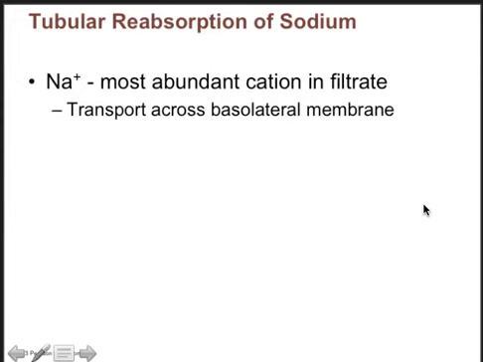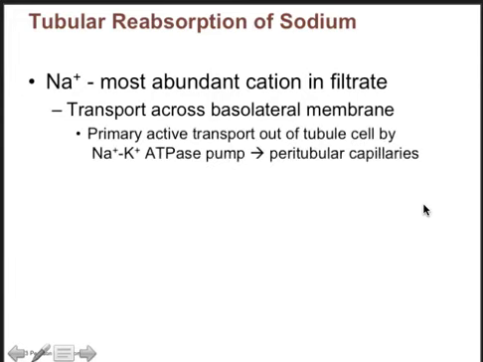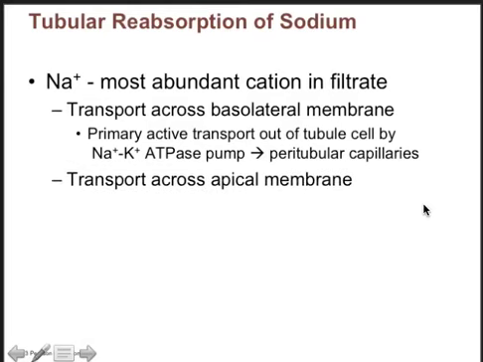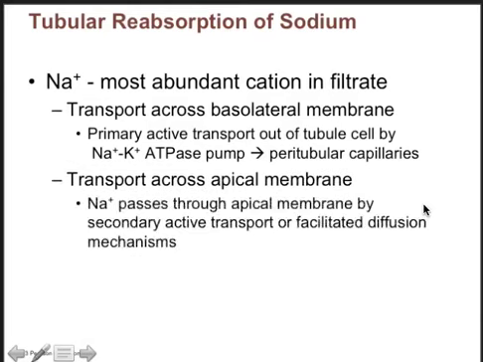It's transported across the basolateral membrane through a pump called the sodium-potassium ATPase that sends this cation into the peritubular capillaries. The transport across the apical membrane occurs when sodium passes through it by secondary active transport or facilitated diffusion mechanisms.